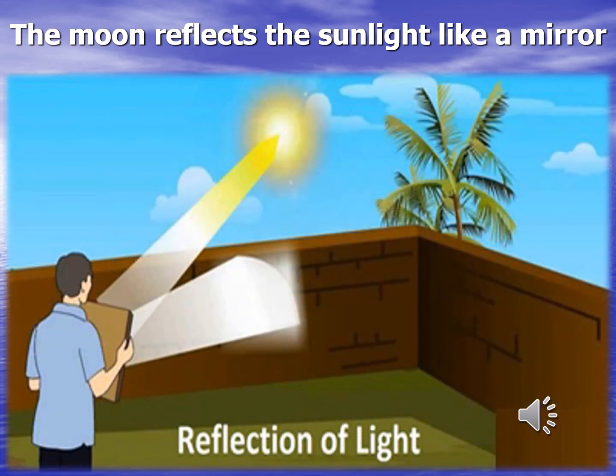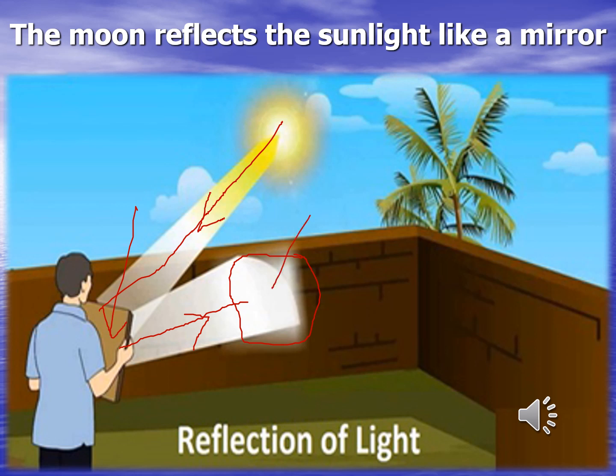If this man has a mirror and he's standing opposite the sunlight, the sunlight falls on the surface of the mirror, then it reflects onto the wall, so it looks shiny or bright.